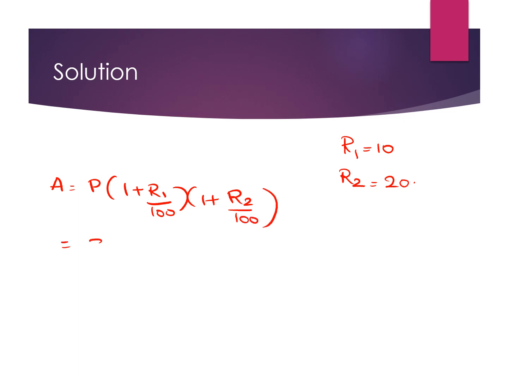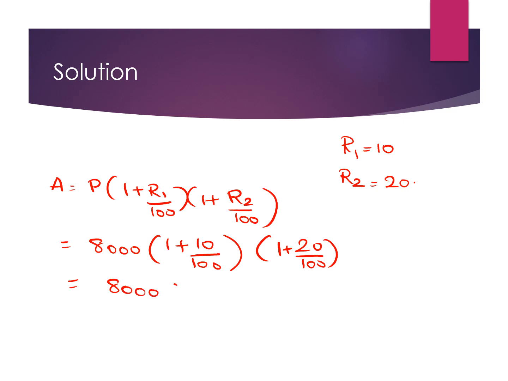That is equal to 8,000 into 1 plus 10 by 100 into 1 plus 20 by 100, which can be written as 8,000 into 1.1 into 1.2, which is equal to rupees 10,560. This is the final amount.